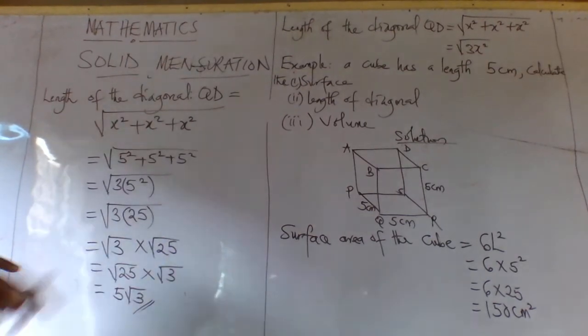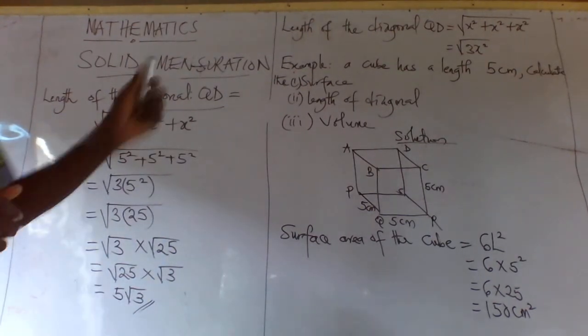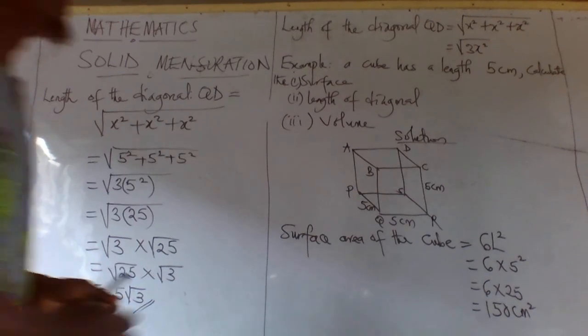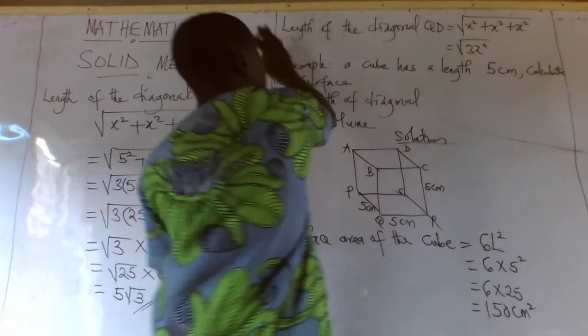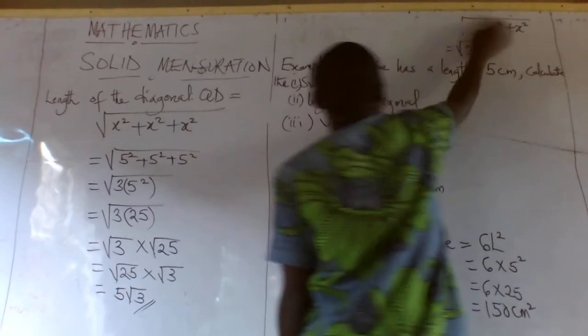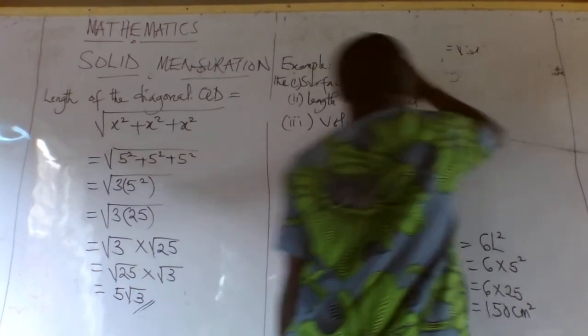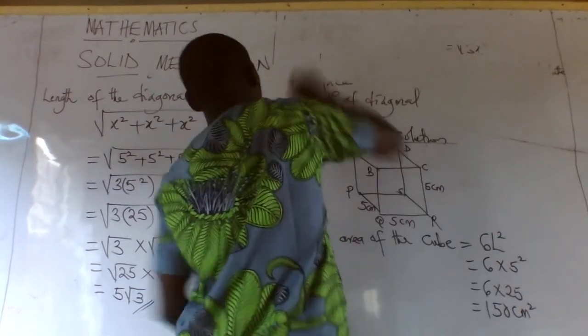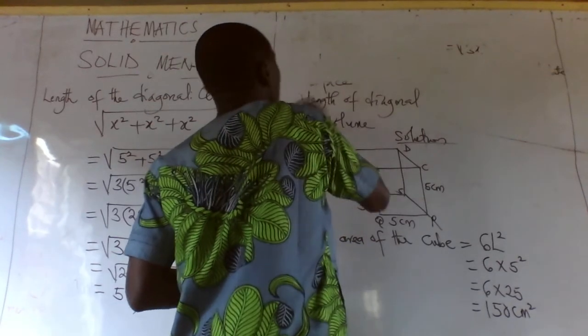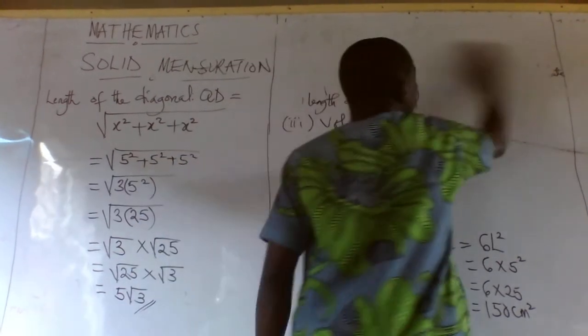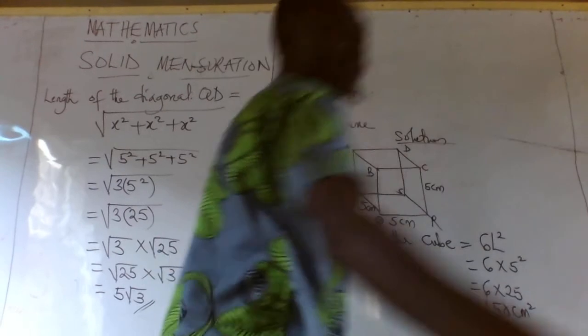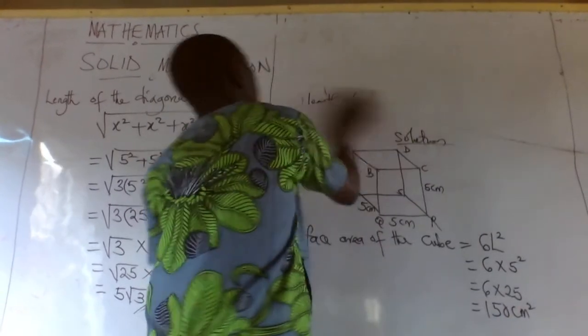Now, the last thing we have to solve here is the volume. Of course, we've stated earlier that the volume of a cube is L cubed, since all the sides of a cube are of equal length.